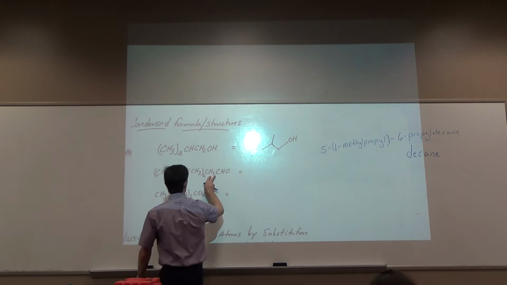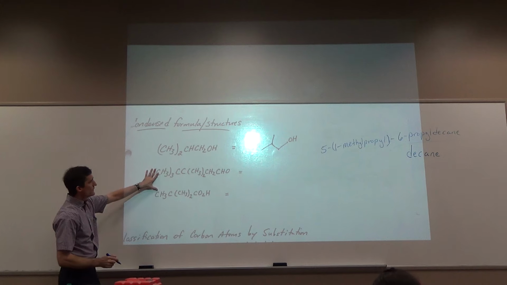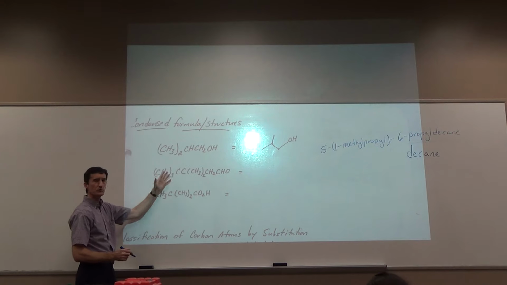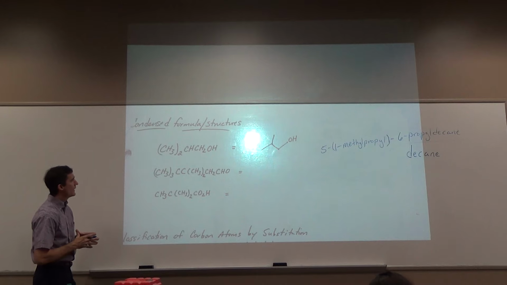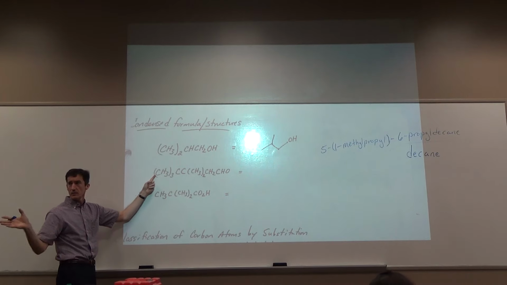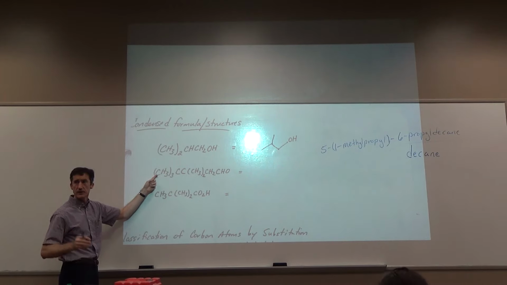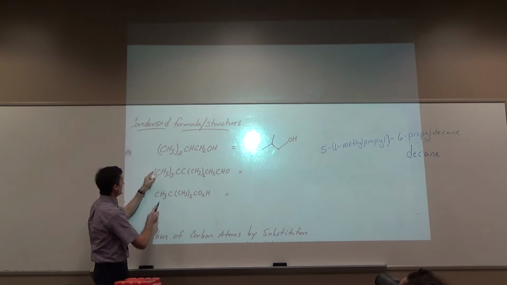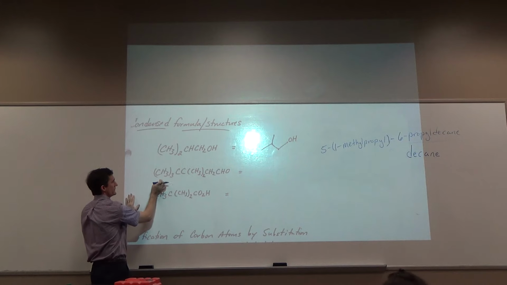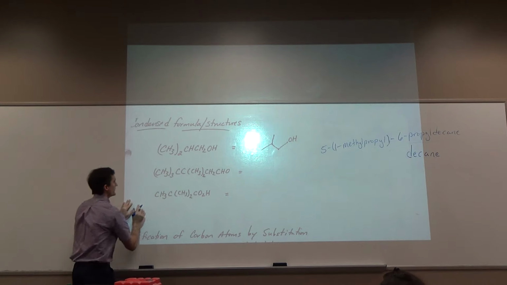I think you left off here, these condensed formulas, which are not pure formulas, but they have some structural information in them. You'll be able to decipher these. How do we do on the one here, guys? You guys on the right. Well, let's do it. We got 3 methyls on a carbon.